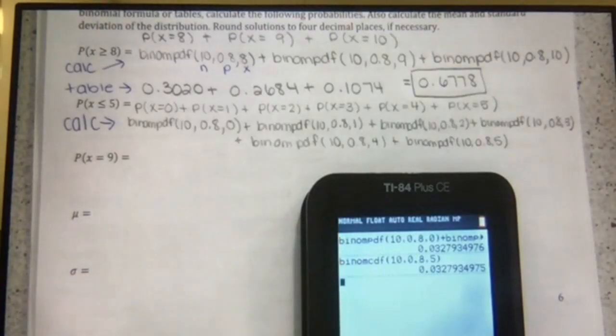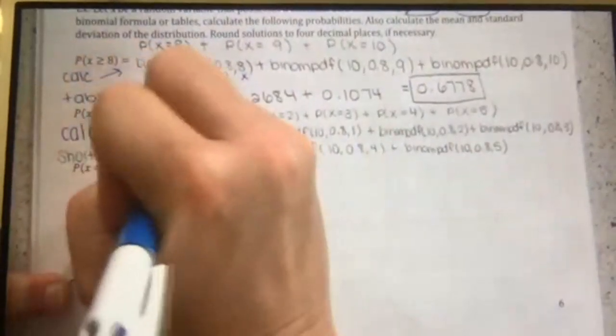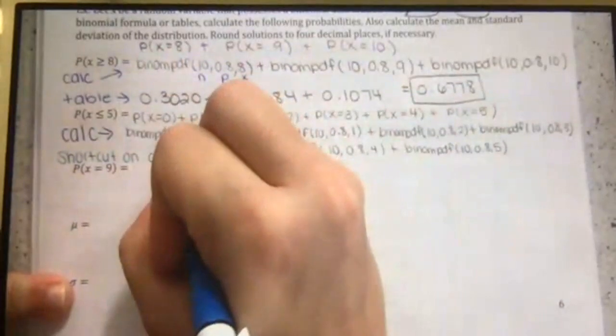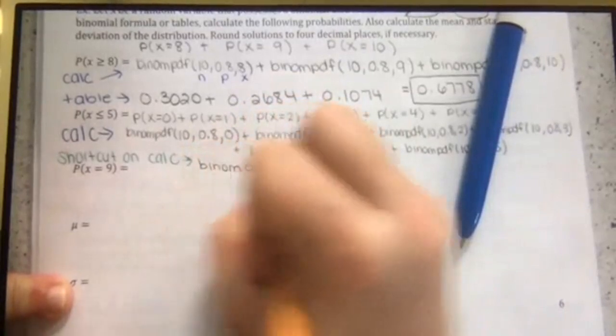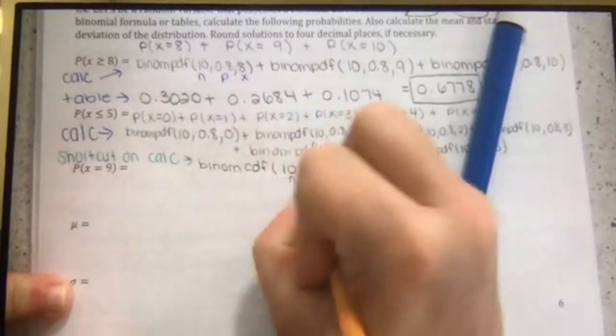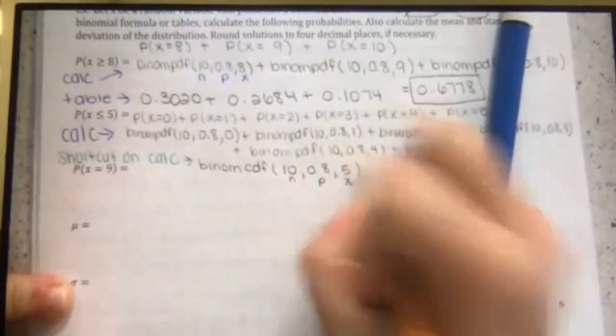I want to give this option to your calculator. And then the shortcut on calculator is binom CDF. Our n value is still 10, p value is still 0.8, and then our x value is 5.